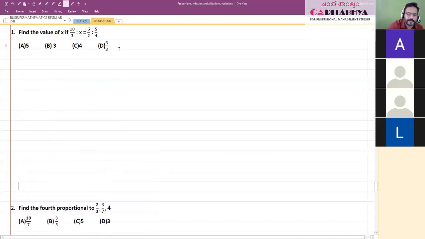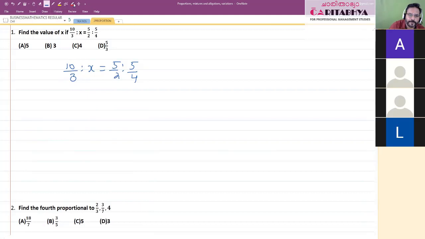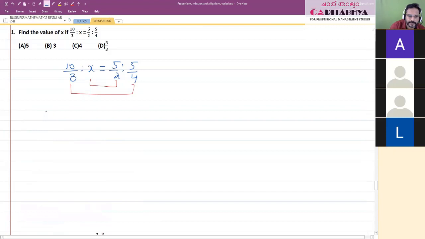Find the value of x if 10 by 3 is to x is equal to 5 by 2 is to 5 by 4. So to find x, we use the first property: product of extremes will be equal to product of means. Substituting, 10 by 3 into 5 by 4 is equal to 5 by 2 x.